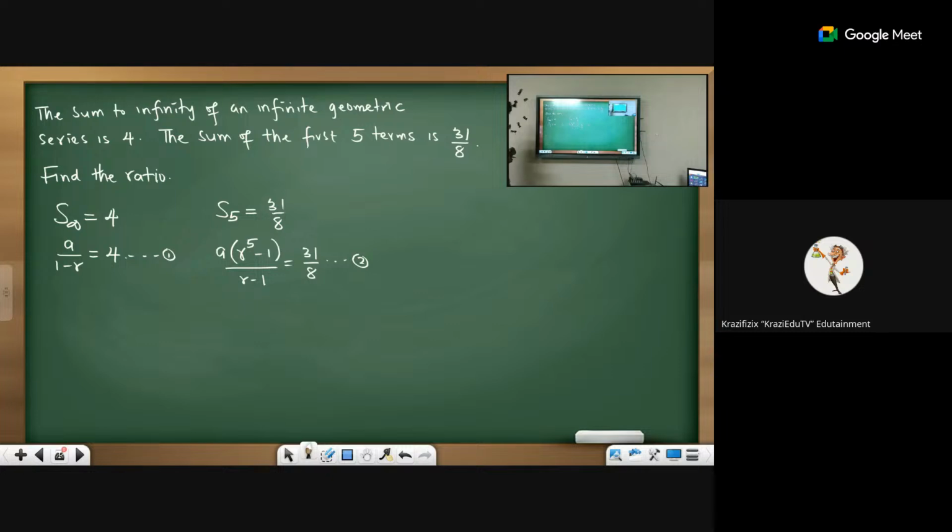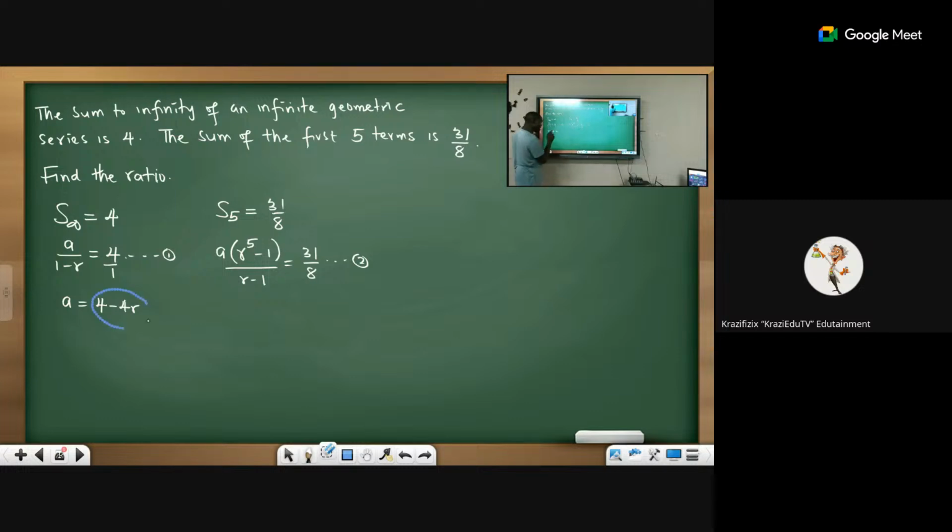And we cross multiply. This is over 1. A will be 4 minus 4R. But hold on. If I don't multiply it, I want to see something.